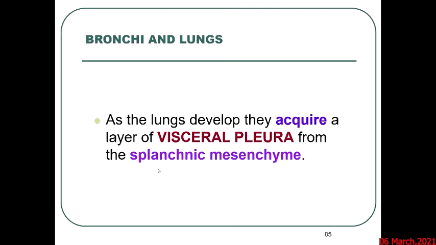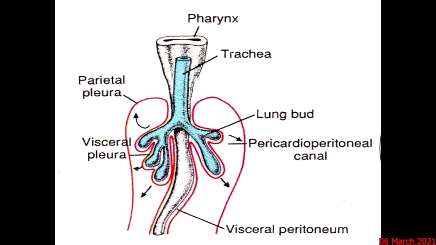So as the lungs develop, they acquire a layer of visceral pleura from the splanchnic mesenchyme or mesoderm. Look here, this picture is taken from Langman. This is the pericardio-peritoneal canal. Look at the arrows. Inside this, the trachea and the bronchial tree are growing, okay? And it is also surrounded by splanchnic mesoderm, which will later become the lung.